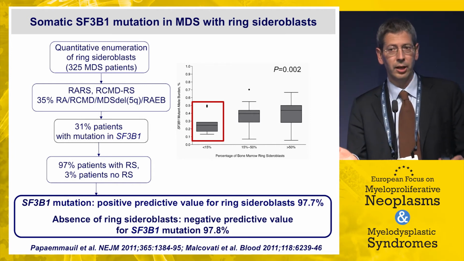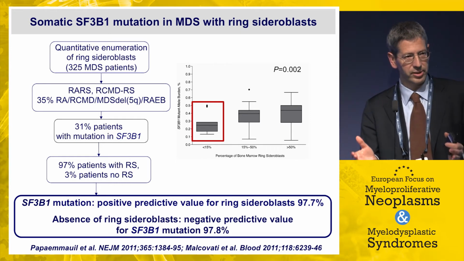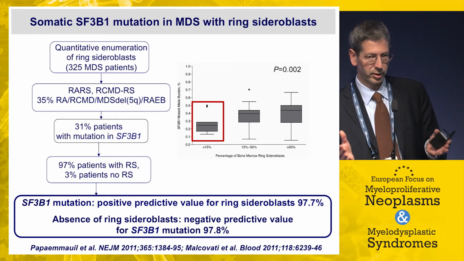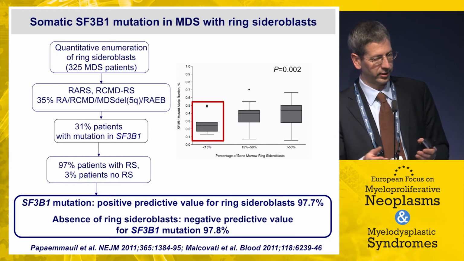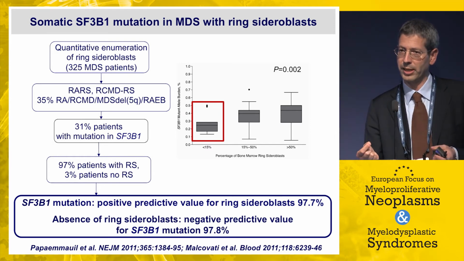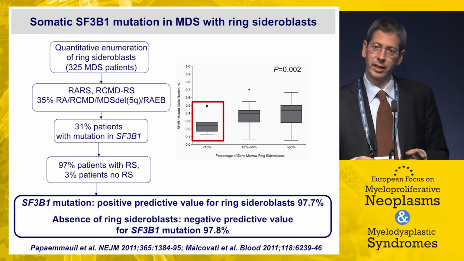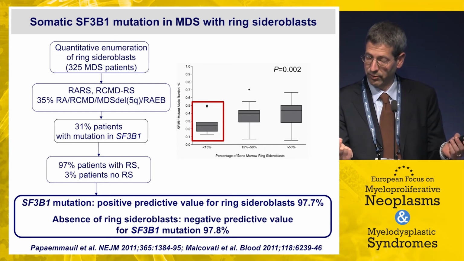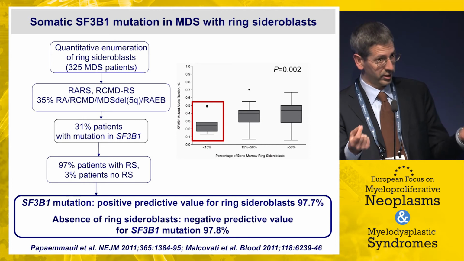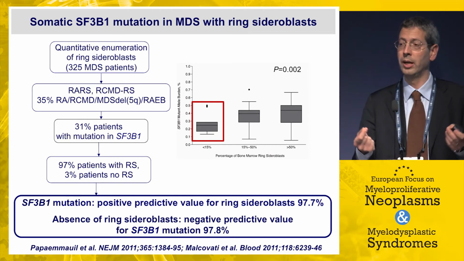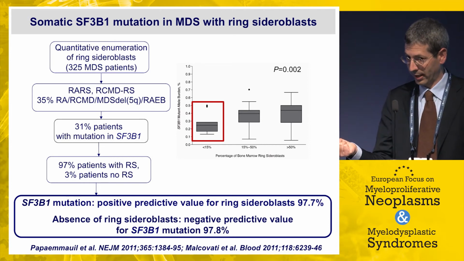But the association of the mutations with ring sideroblasts is even higher than initially suggested by the association with the sideroblastic categories. In fact, ring sideroblasts can also be found in other MDS subtypes not classified based on these categories, for instance, the 5q minus syndrome or the MDS with excess blasts.